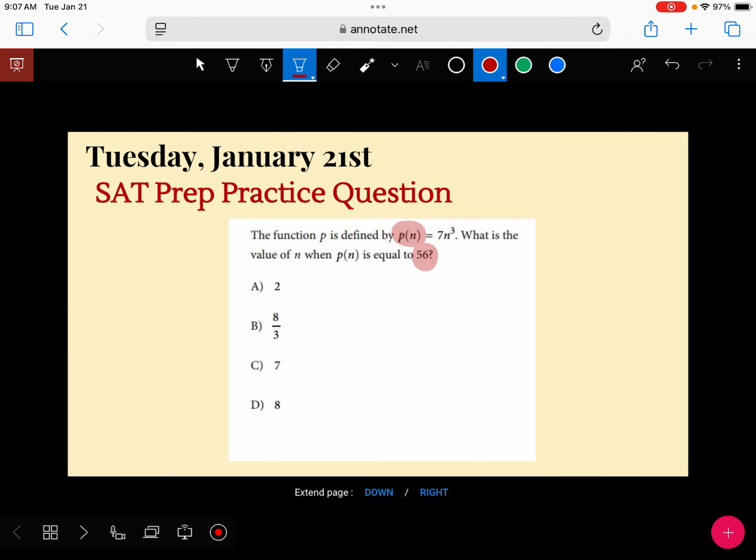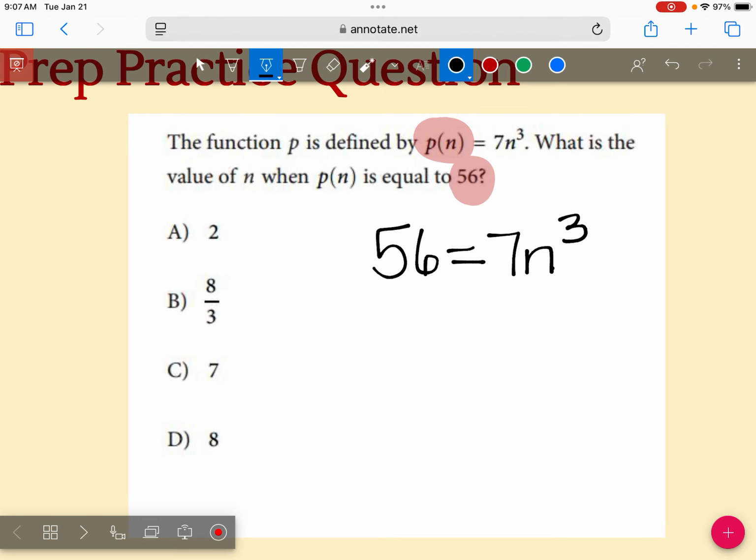Now, when we substitute in that 56 for p of n, we have 56 equals 7n cubed, and that's 7 times n cubed. So can someone tell me, you can unmute yourself, what would be your first step to solve this equation?